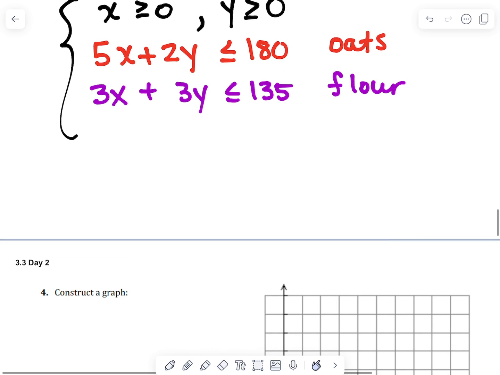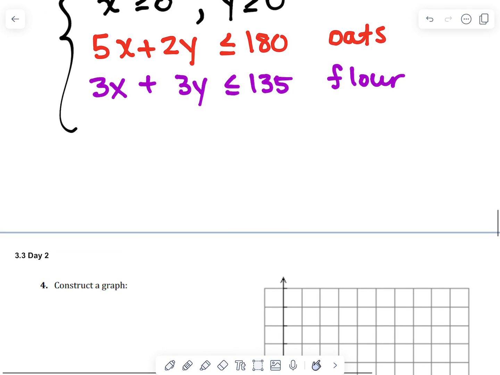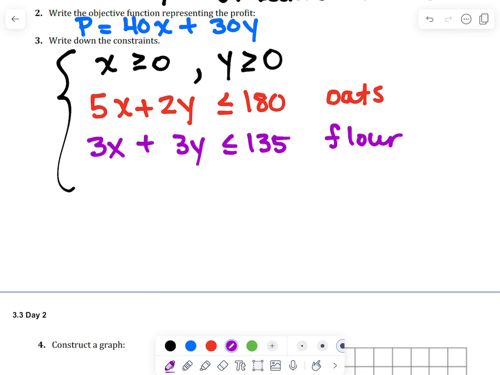Now we graph the system. So the black pieces right there are going to create it into that first quadrant. And then we have to graph the red and the purple.